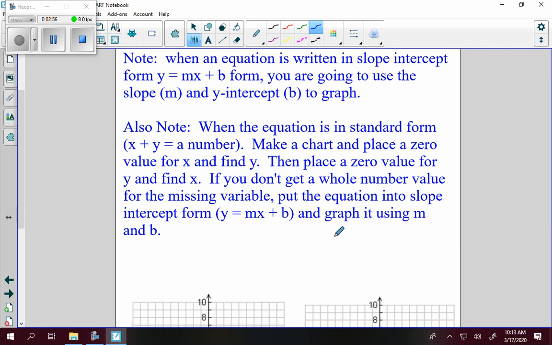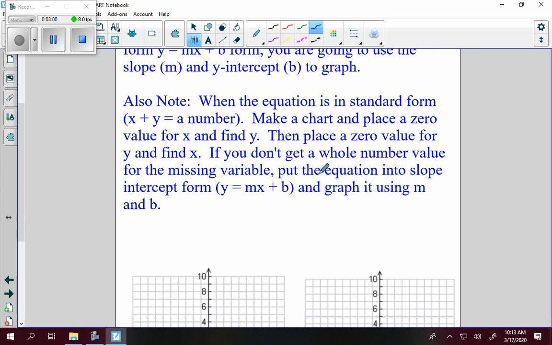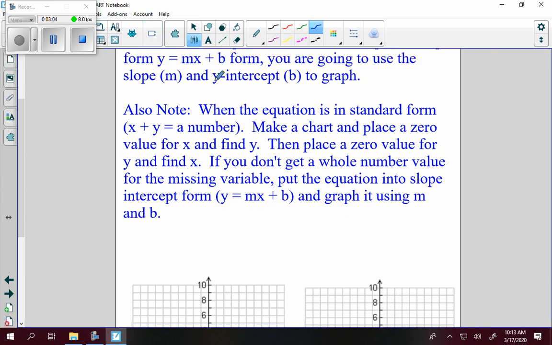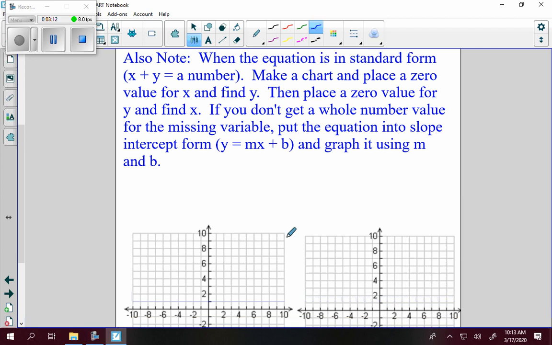If you don't get a whole number value for the missing variable, we're going to put the equation into y equals mx plus b form and go back to the original thought about starting with the y-intercept and using your slope to graph that line.